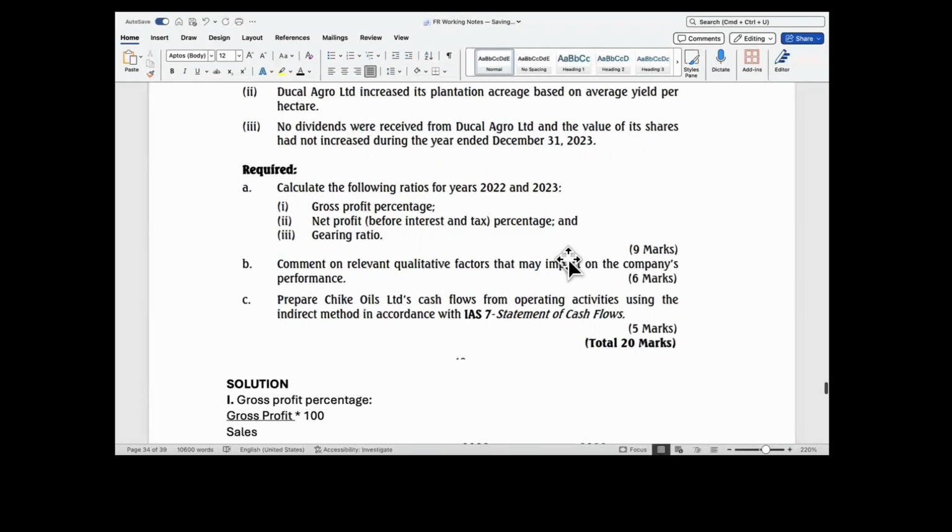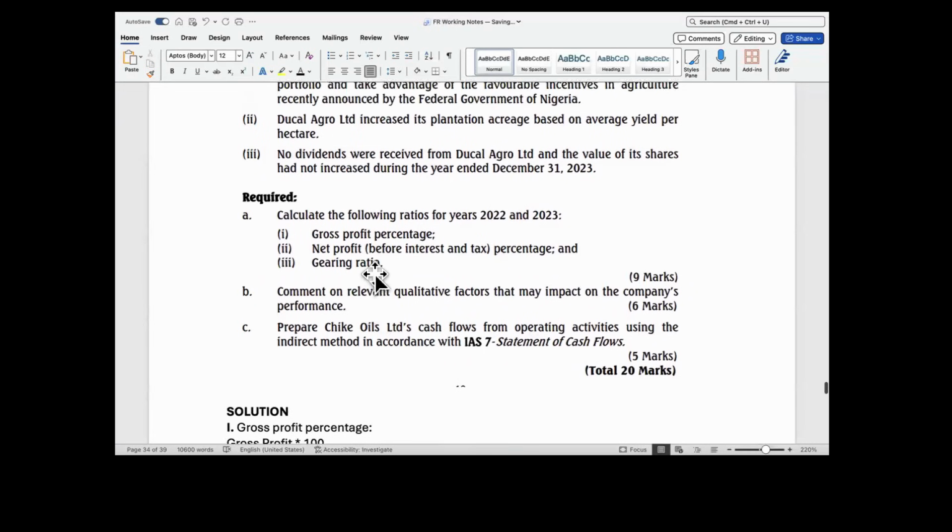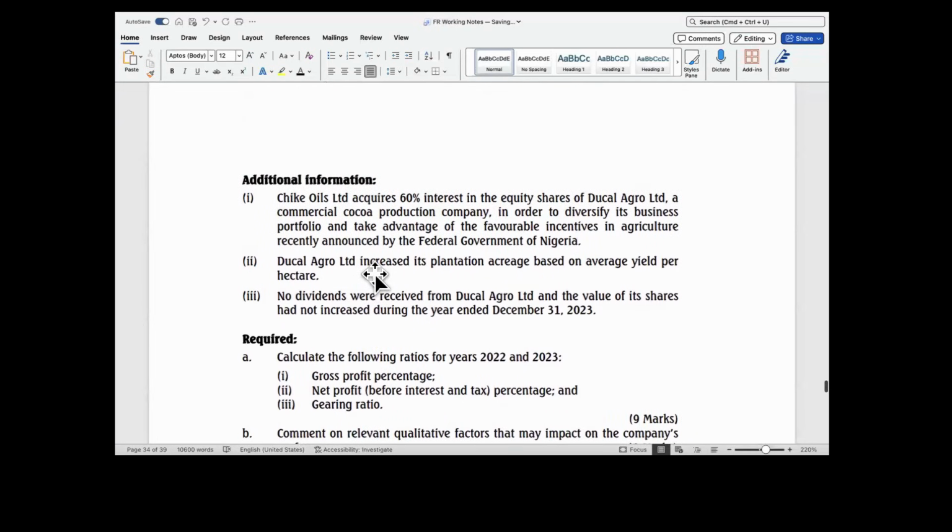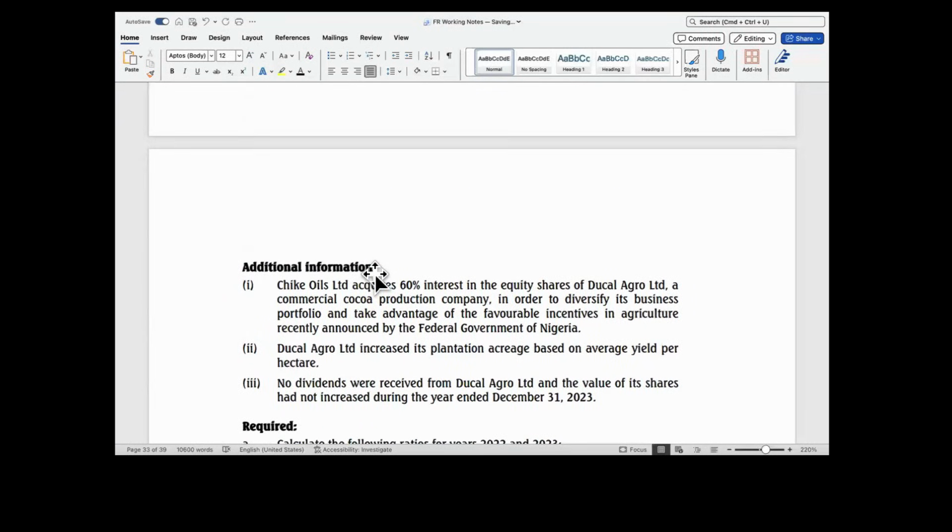Now, the second one, we are asked to comment on relevant qualitative factors that may impact the company's performance. Is there any non-financial qualitative factor that can impact this company?